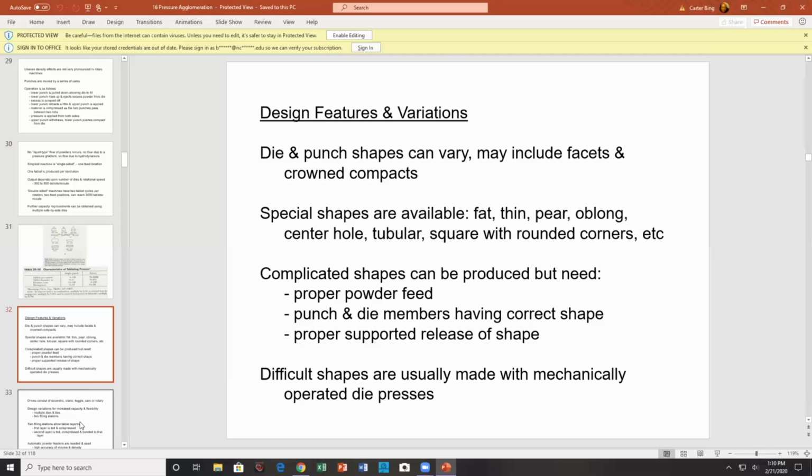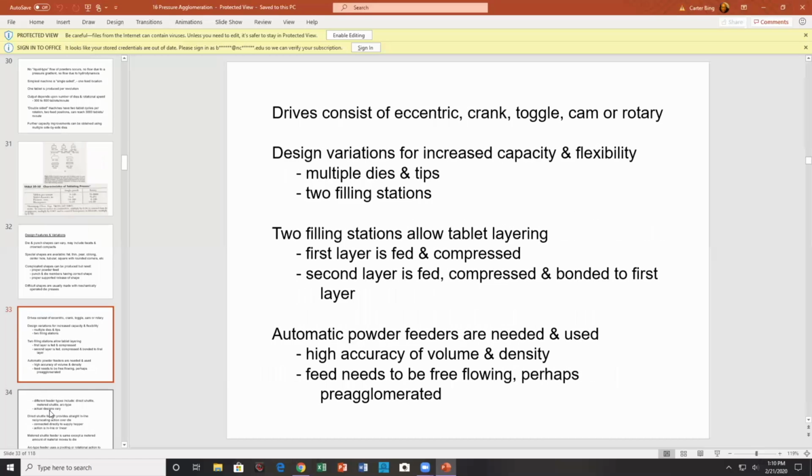And how it wears and how much life cycle do you have? Dies consist of eccentric, crank, toggle, ram, anyway. Design variations increase capacity: multiple dies, multiple tips, 2 filling stations, first layer, feed, second layer. Automatic powder feeders are needed. High accuracy of volume and density.